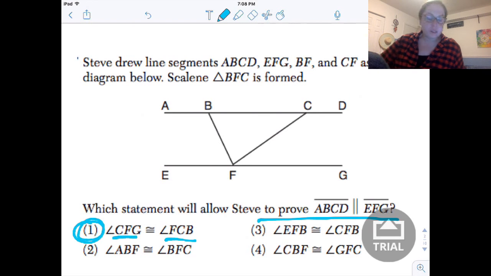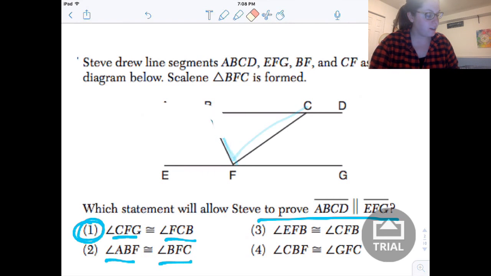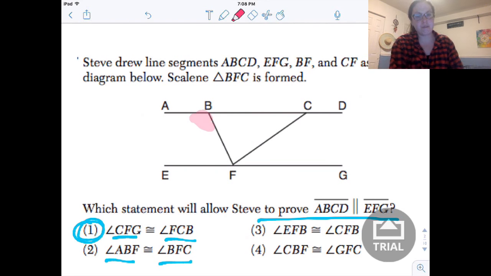So option 2, AFB and BFC. So, I'm sorry, ABF. ABF is this one, and BFC is this one. So that's saying here, I'm just going to do this again, that this angle, ABF, is congruent to this angle, BFC. Now, that is not one of the angle pairs that I learned about this year. That's not alternate interior.